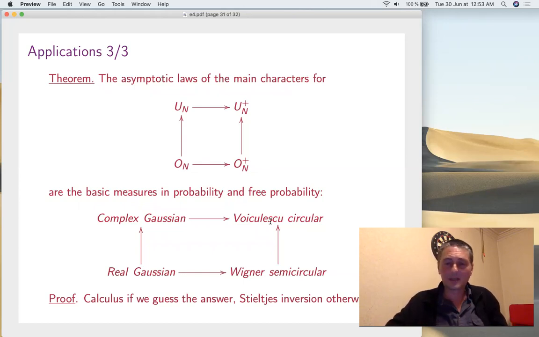But once again, it's a matter of knowledge. You have 3 levels. You perfectly know, you kind of know and you do some calculus, or you don't know, you do Stieltjes inversion. That was for Catalan. And here, it's a kind of complexification. We'll talk a bit more about this later in some other lectures.